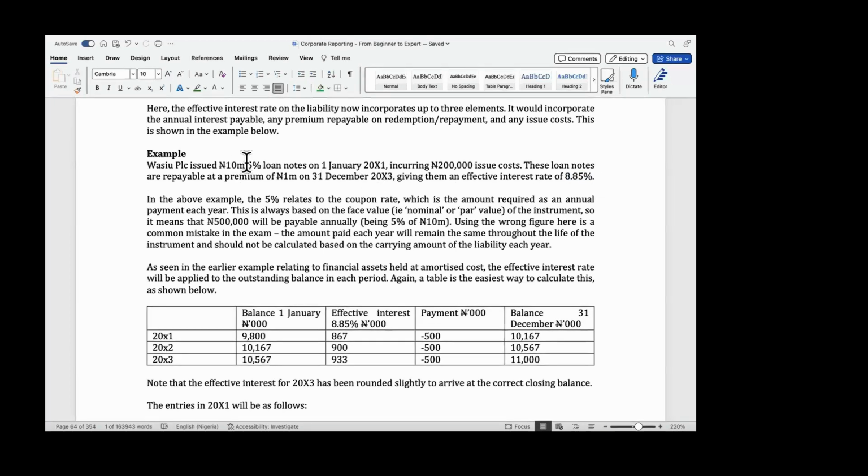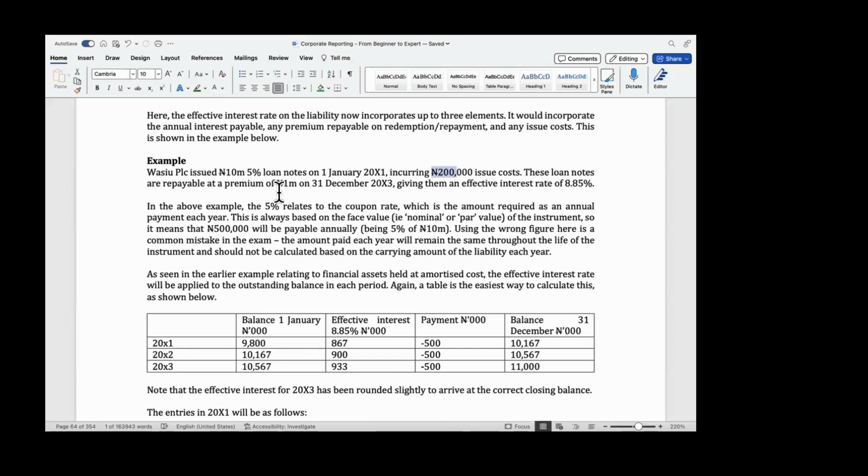So in addition to this 5% per annum, he is also going to incur an additional premium of 1 million, and an additional 200,000, making it 1.2 million over the 3 years. Those amounts are reflected in the effective interest rate of 8.85%.